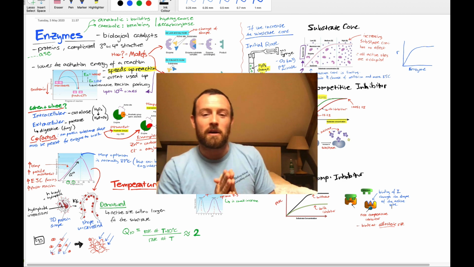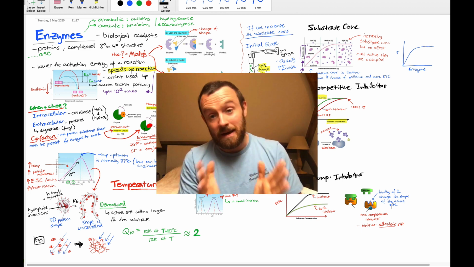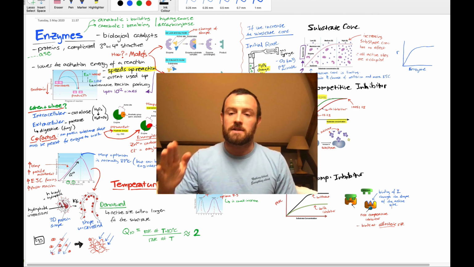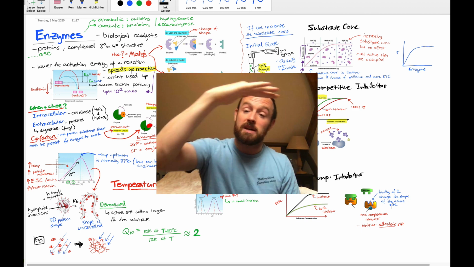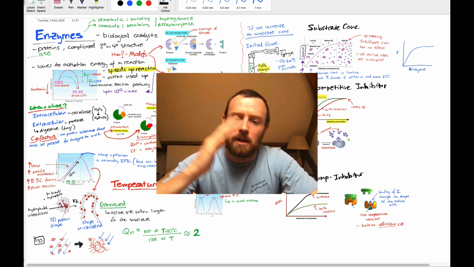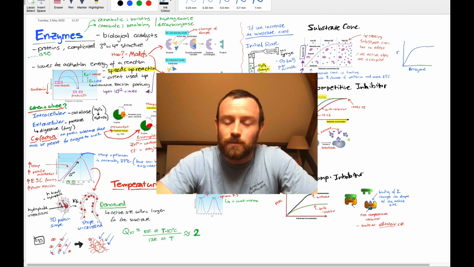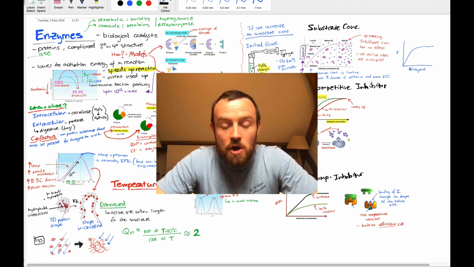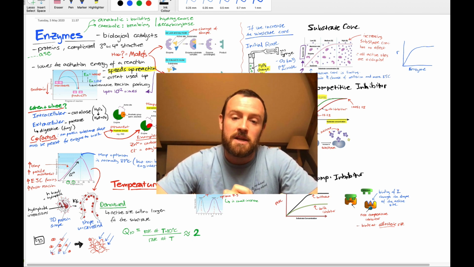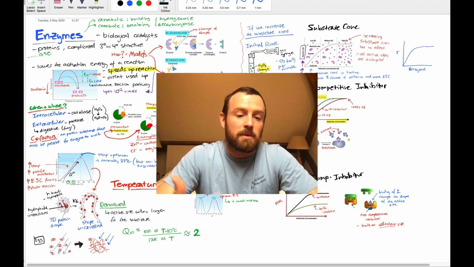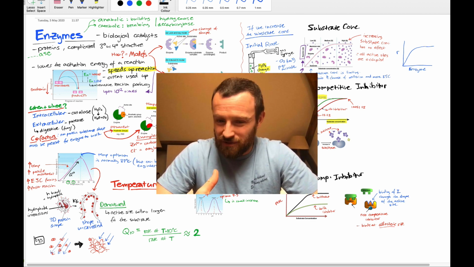Graphs that you need to be aware of: how does enzyme activity get affected by increasing the substrate concentration? It rises, it rises, it rises, then it plateaus as all the active sites are full. How does a competitive inhibitor lower the rate of enzyme reaction? Well, it lowers it a bit, but it can be removed by adding more substrate. Whereas with a non-competitive inhibitor, once you've added that inhibitor, we just reduce the rate, and you can't get rid of that inhibition by adding more substrate.